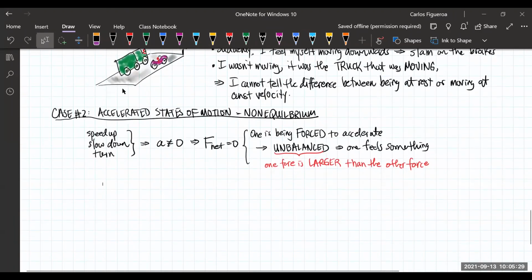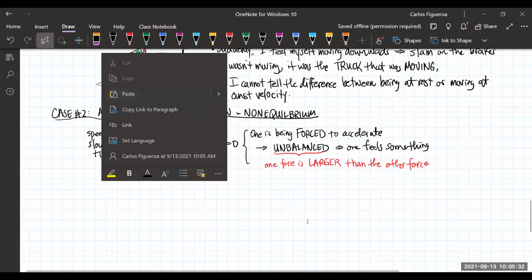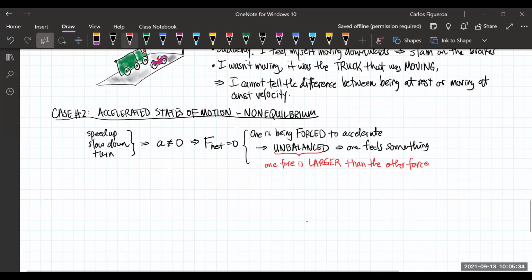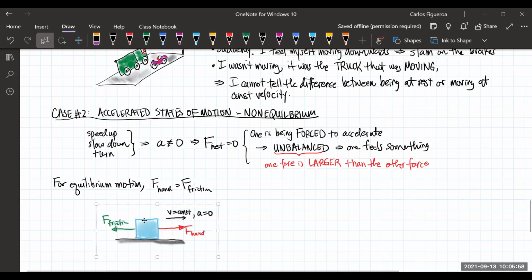So what we find here is that this is what we found for equilibrium motion: we see that the force of the hand must equal the force of friction. And so picture-wise, we really are saying this thing right here. Right? This is what we're saying right there.